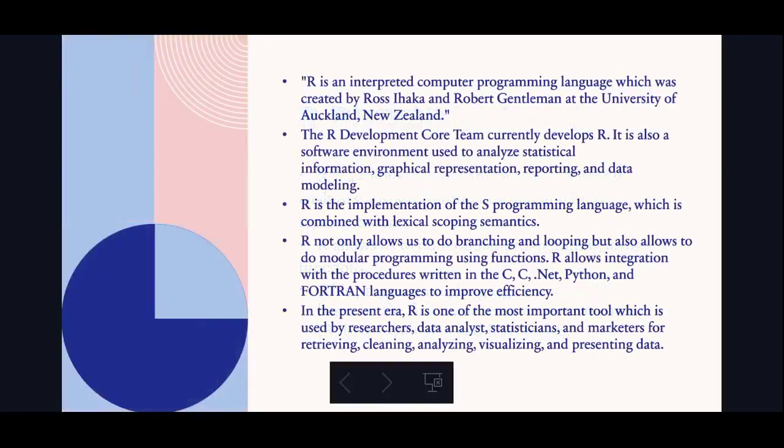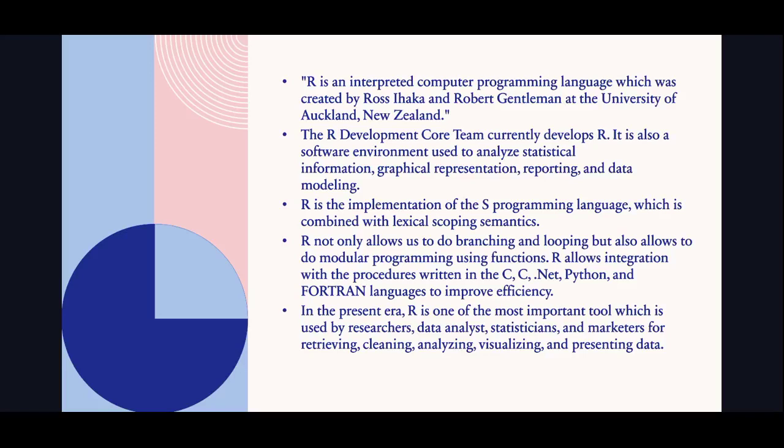R is an interpreted computer programming language. This means R doesn't require any compiler. It was created by Ross Ihaka and Robert Gentleman at the University of Auckland, New Zealand. So R is primarily built for statistical computing and graphics.